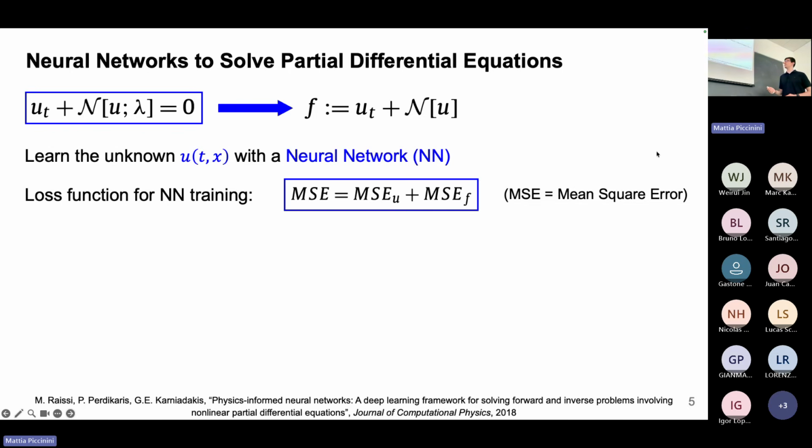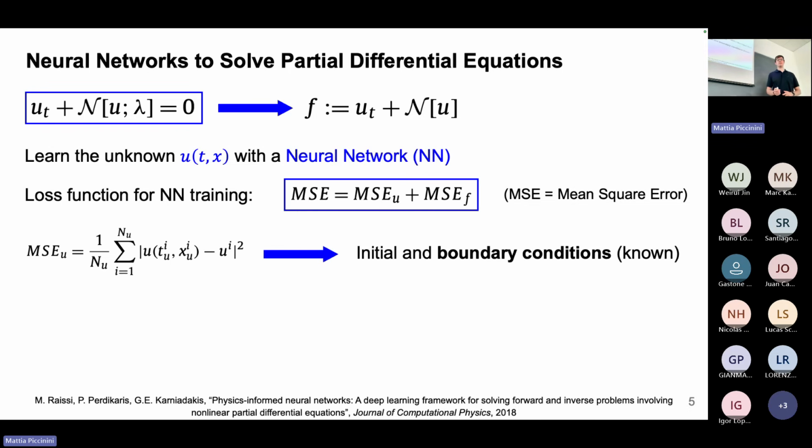So we want to minimize this loss function, the mean square error, which consists of two parts. The first part, MSE_U, is basically inviting the solver to find a solution that is close to the boundary conditions or initial conditions that we want to satisfy.